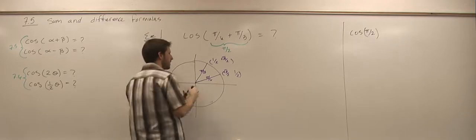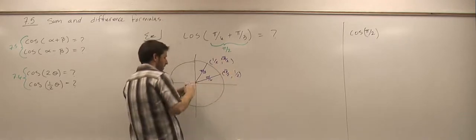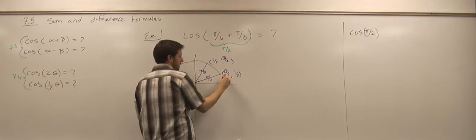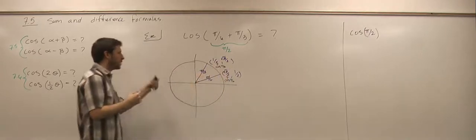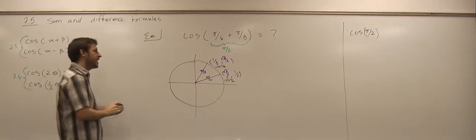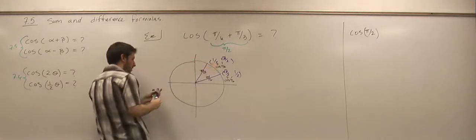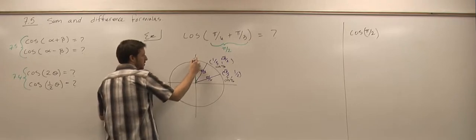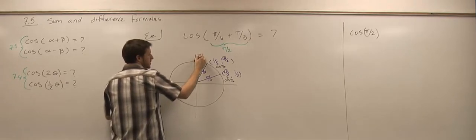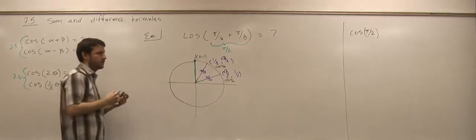Whatever formula I'm going to come up with, this is cosine, right here. Cosine is always the x value. Whatever formula I come up with at the end of the day has to somehow combine these numbers to give me the same thing as cosine of pi over 2, which is 0.